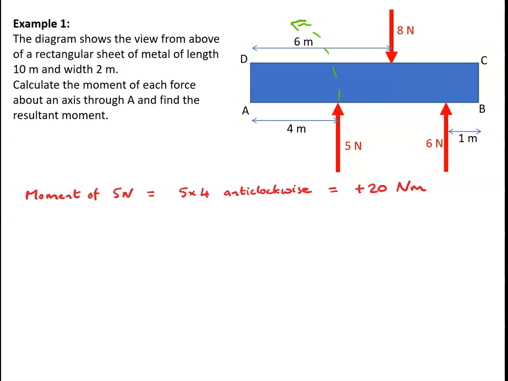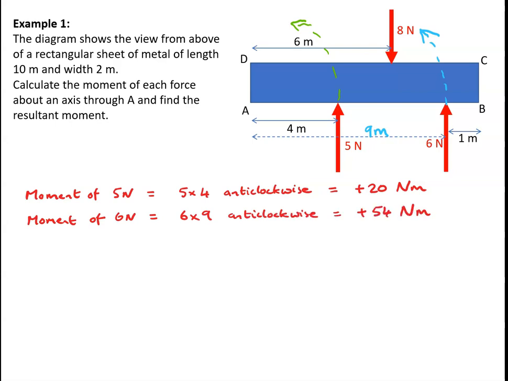The moment of the 6 Newton force is 6 times the perpendicular distance of its line of action away from A, and that perpendicular distance is 9 meters. It is also trying to turn the sheet in an anti-clockwise direction, so the moment is 6 times 9 in an anti-clockwise direction, which means we've got a positive moment of 54 Newton meters.